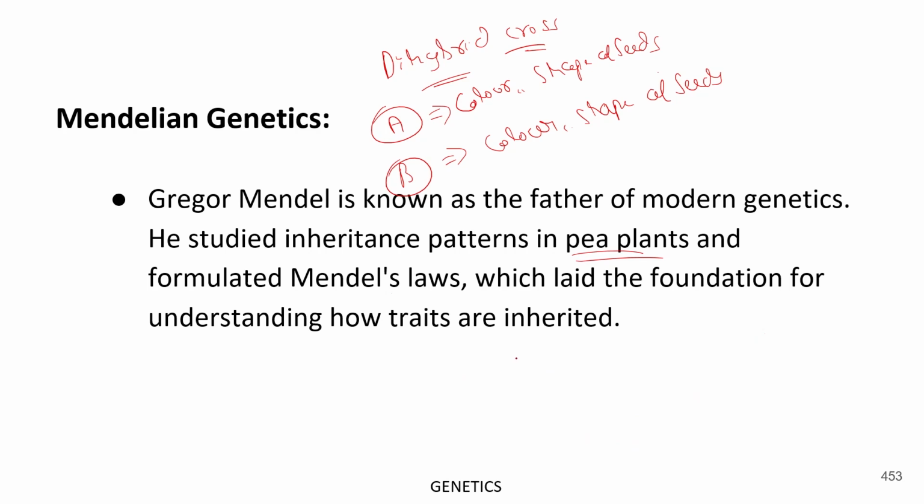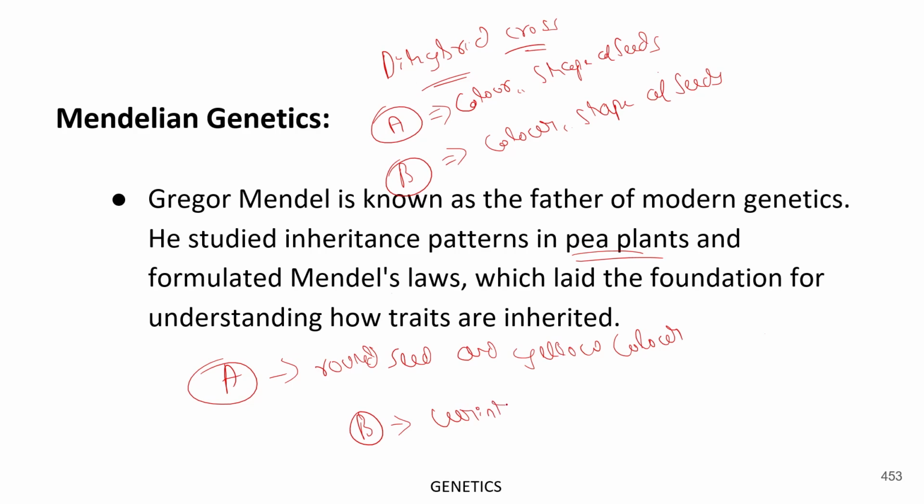Just remember the thing. The first plant had round seed and yellow color, whereas the second plant had wrinkled seed and green color. So now you can see that the seed of A is round, whereas the seed of B is wrinkled.